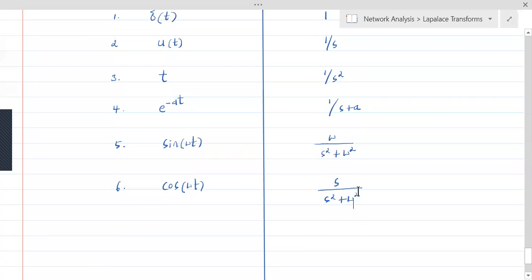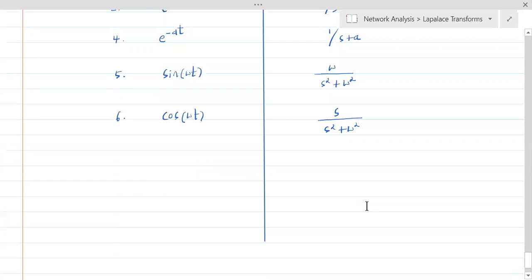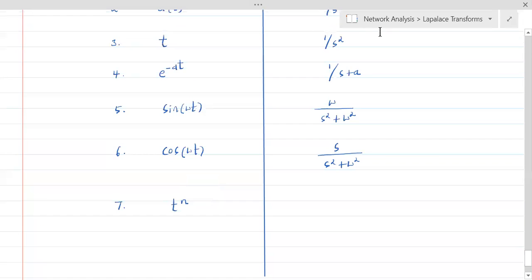See the difference. Okay, now we shall see the combinations of these basic signals. What does that mean? Suppose, instead of t, what if we have powers of t? For t, the Laplace transform is 1 by s square.